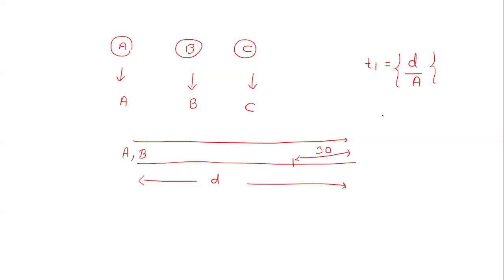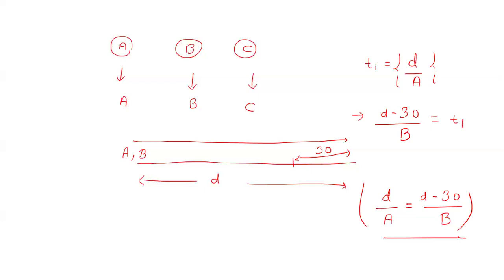So (D minus 30) divided by B is the time for B, which is also equal to t1. A covers D distance and B covers D minus 30 distance in the same time, so we can equate these two. From here we get one relation.